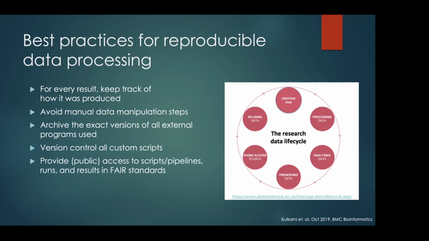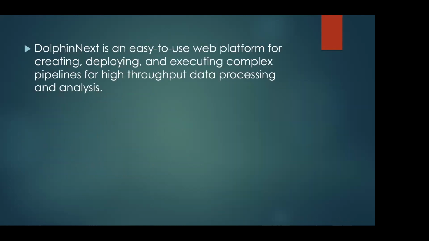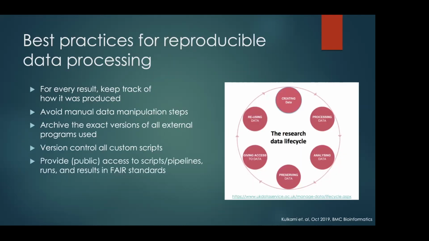And if you don't do this kind of versioning for every change you do, then you cannot actually reproduce what you did a week ago. And providing access to other people so that they can actually utilize what you did, your pipelines or your data, with FAIR standards I'm going to talk about in a minute.